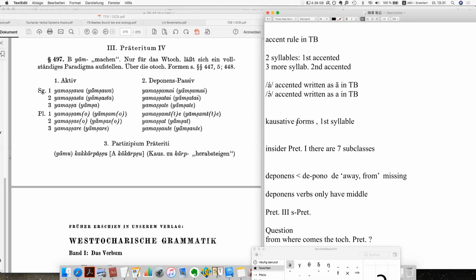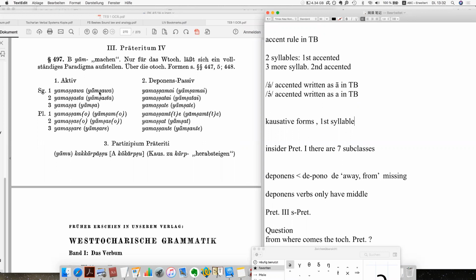That is to say, in causative verb forms, the accent is always on the first syllable. You can see that this sh form is actually of causative meaning. So it's probably because this form has a causative meaning, and then the first syllable is always accented.